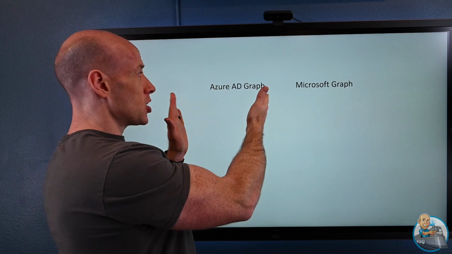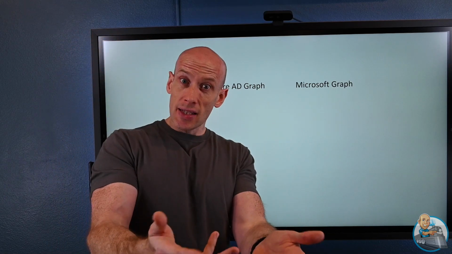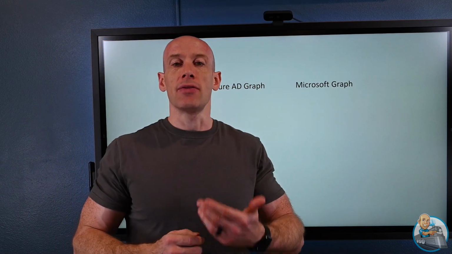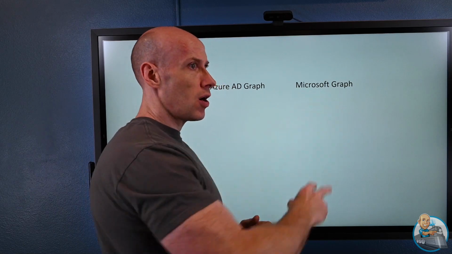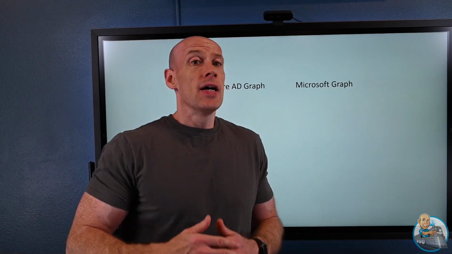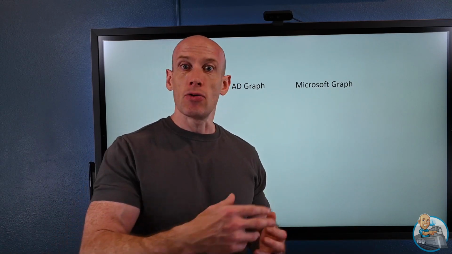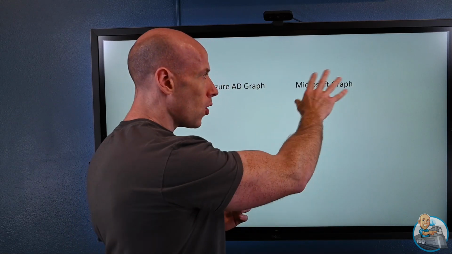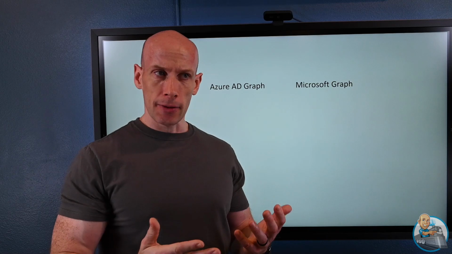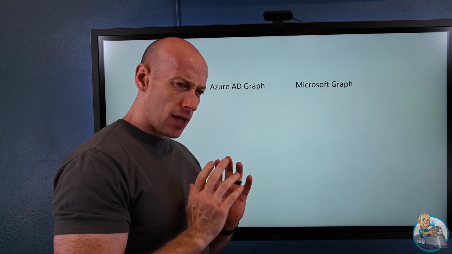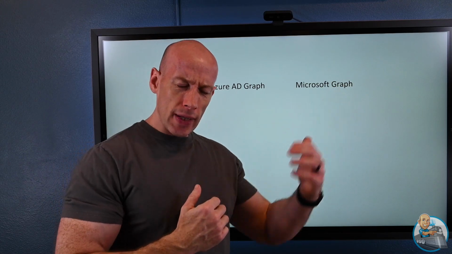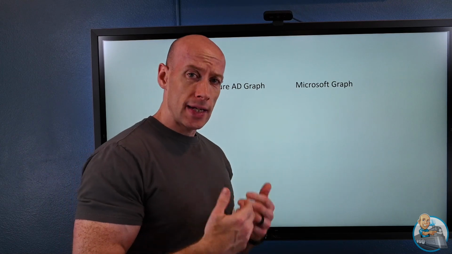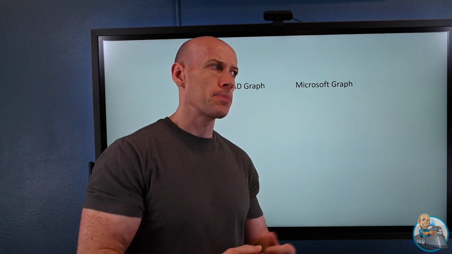Whereas the Azure AD Graph, as the name says, is geared towards Azure Active Directory, the Microsoft Graph is Office 365, Dynamics, Windows 10 services, and Azure AD. This is where all of the investment is going. So that's how, from an endpoint and API perspective, I can interact with Azure Active Directory.